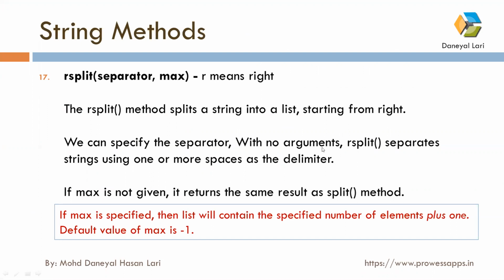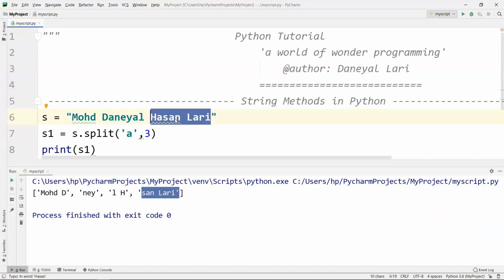With no argument, rsplit separates the string using one or more spaces as a delimiter. So the working is the same, but the mechanism changes in that it starts from the right side. If max is not given, it returns the same result as split. Obviously, if you do not specify max, you will get the same result as split.